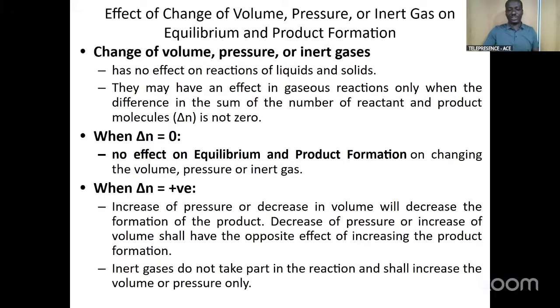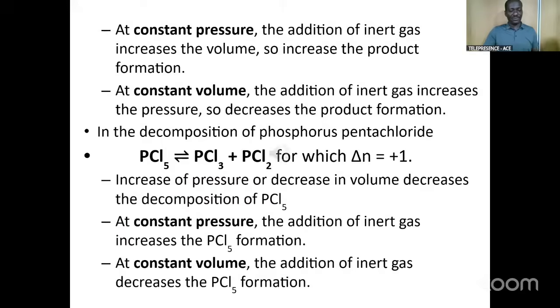Under such condition, if the gases are assumed to be behaving ideally, then taking the ideal gas equation into consideration, PV is equal to nRT, which means that P is equal to nRT over V. It means, therefore, that P is proportional to the number of moles.